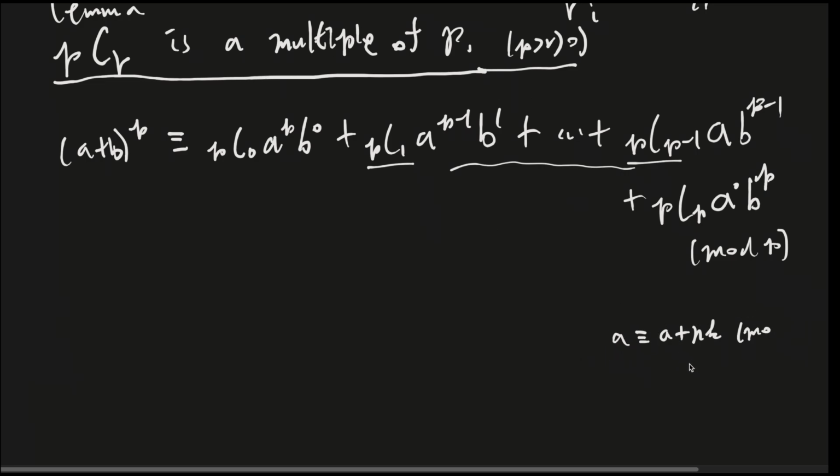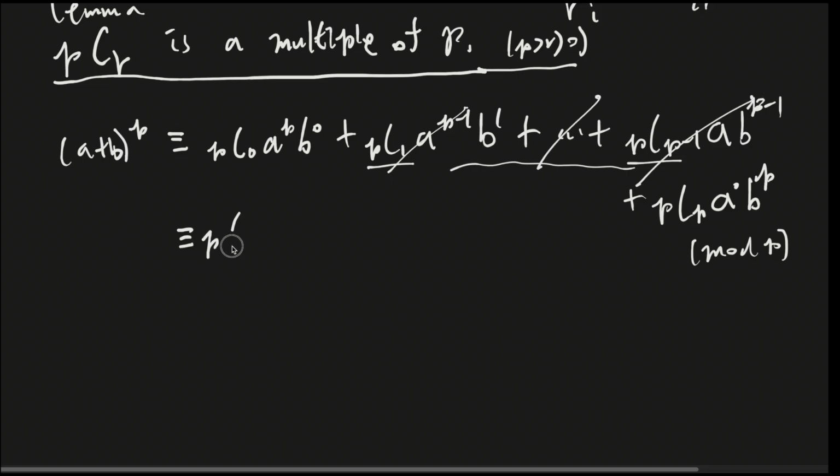So I'm going to use that property here. If I keep subtracting P, all our multiples of P, which are these ones, will disappear.